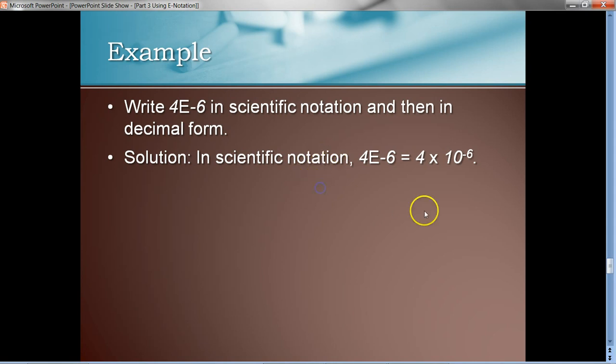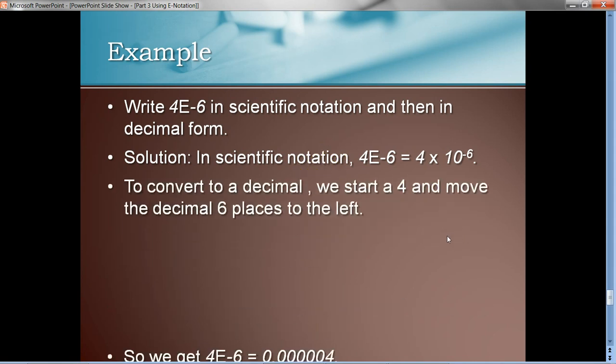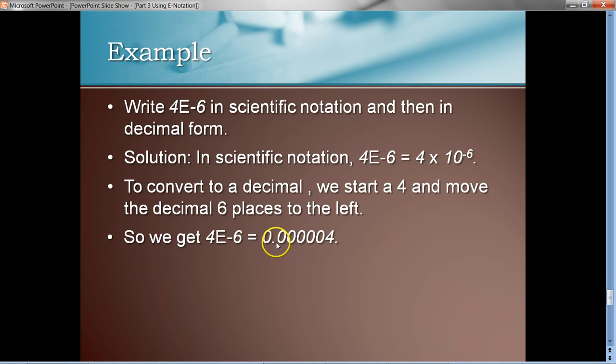When we do that, it looks like 0.000004. We took the decimal point just after the 4 and moved it 1, 2, 3, 4, 5, 6 places to the left. These numbers are equivalent.